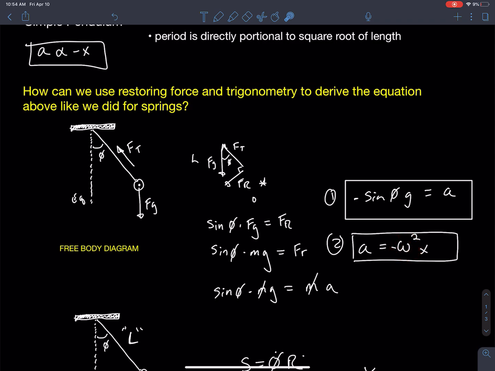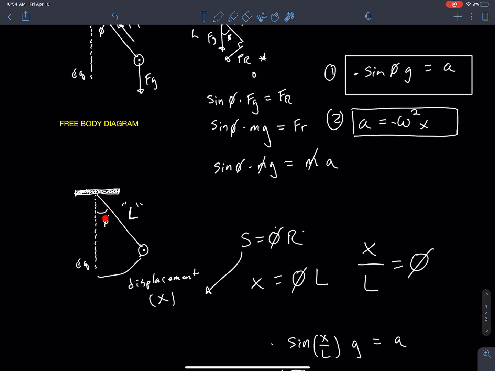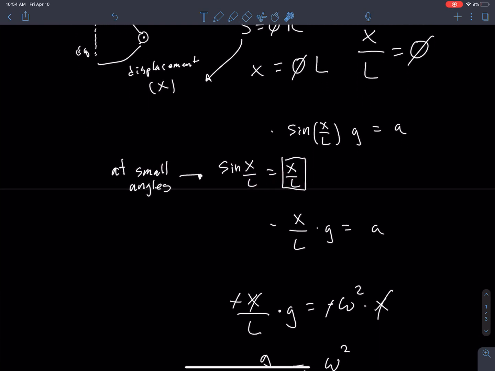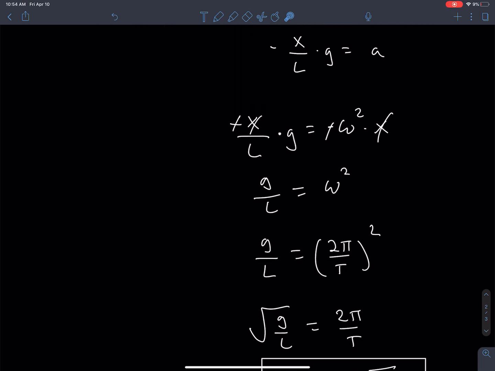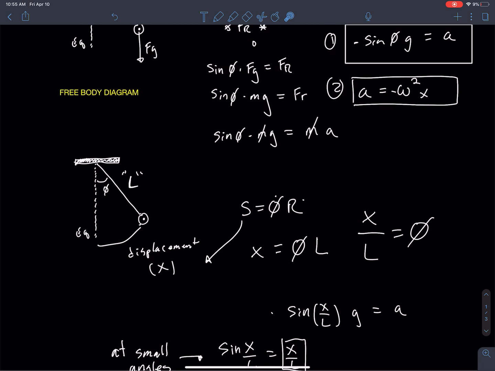The big idea here is that if I limit the pendulum to a small angle, I can use some interesting geometry of arc length to come up with a simplification: at small angles, sine of x over L becomes x over L, making a very simple derivation. So now we know why the period of a pendulum has to be limited to small angles.